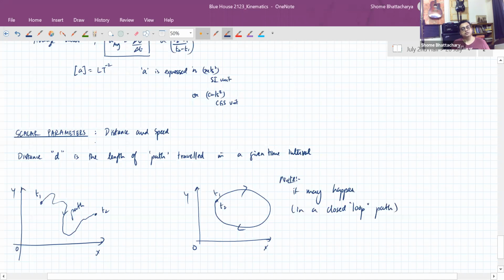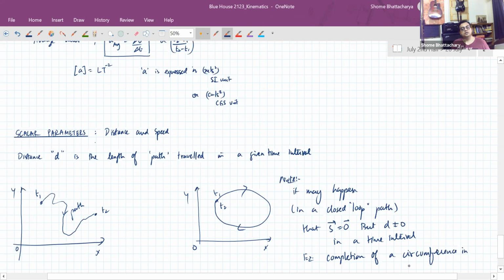It may happen that displacement equals 0, but distance is not equal to 0 in a time interval. And a very good example of that is completion of a circumference in a circular path.